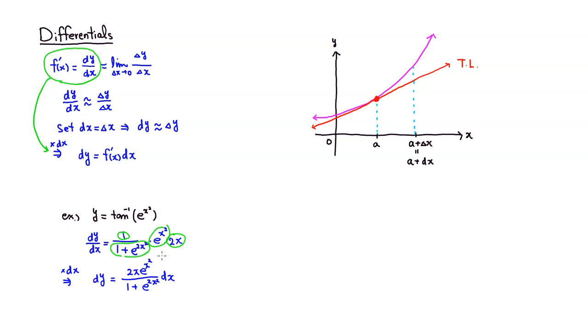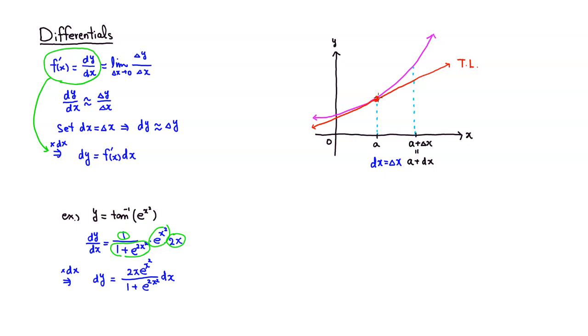All right, so here is the geometrical representation of dy and delta y. We're setting dx and delta x equal to each other in this case. So what is dy? Well, actually, let's do delta y first. Delta y is simply the difference in y value.